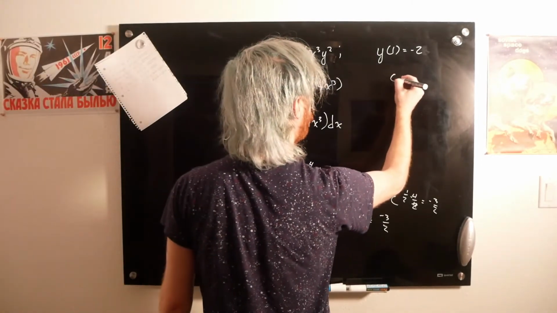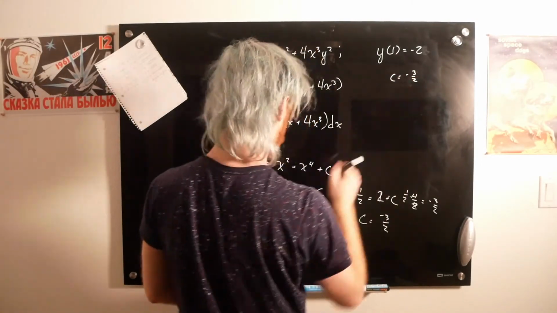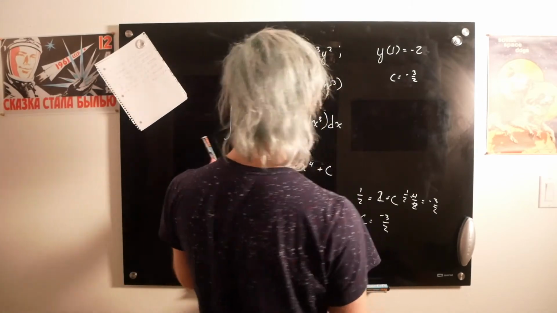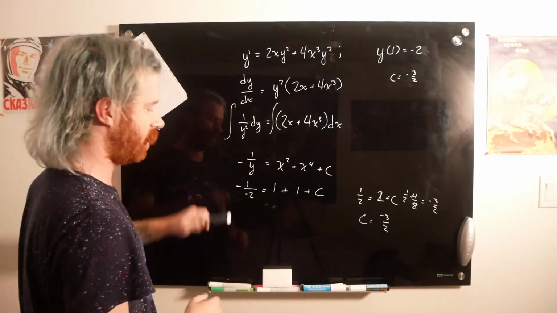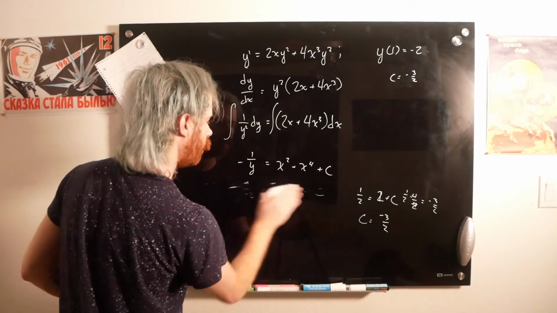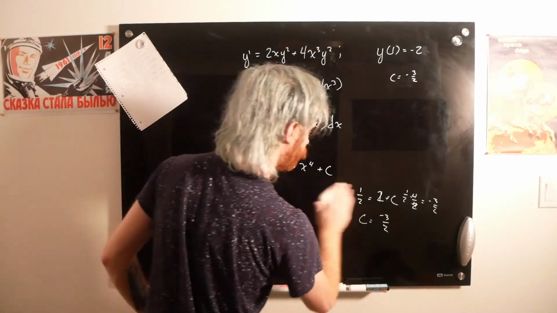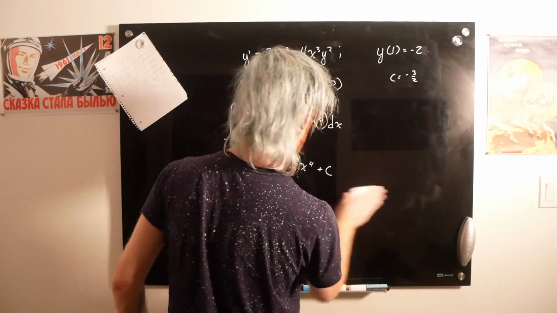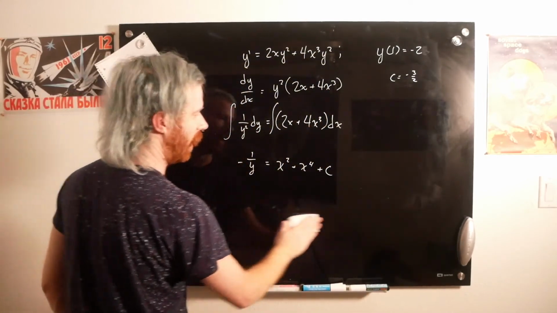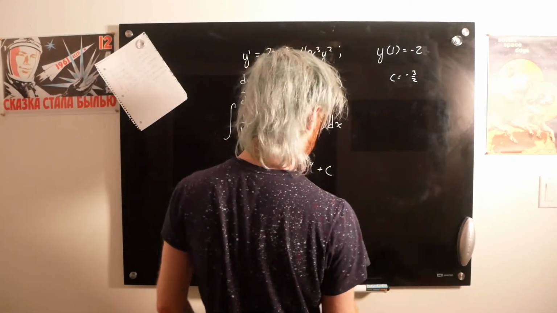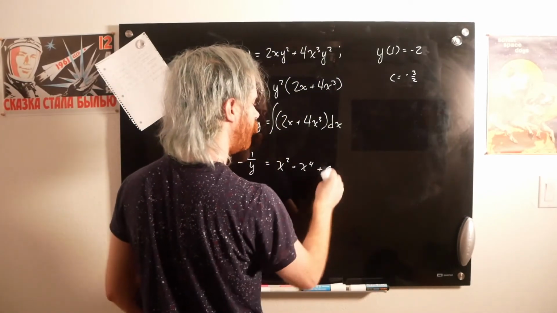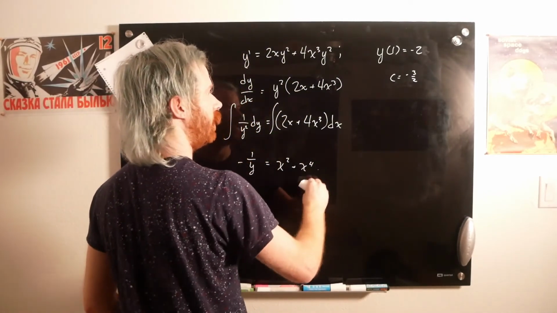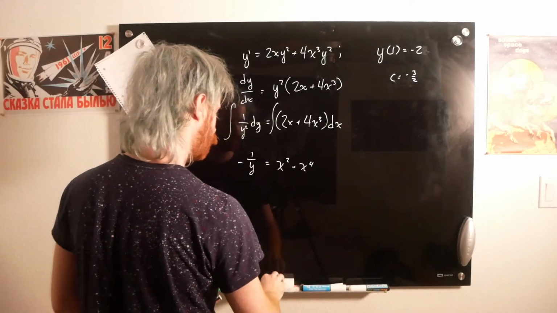I'm going to write that up here, and then erase this and copy this up here. We can go ahead and solve this now for y with our c value put in, c equals negative 3 over 2.